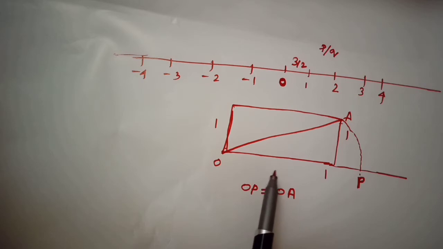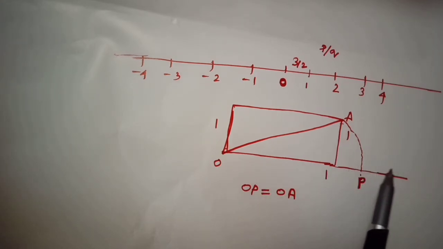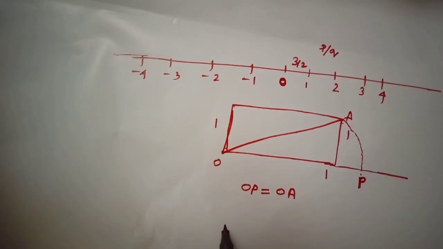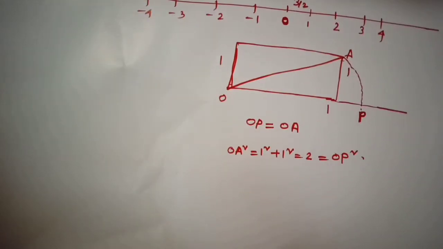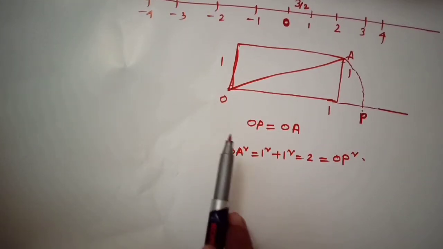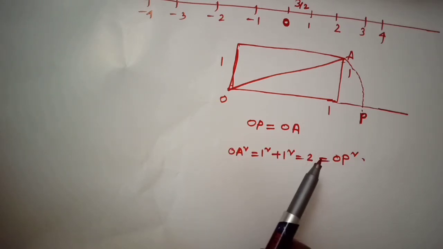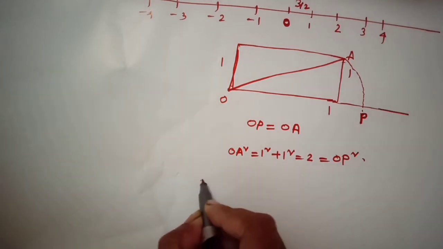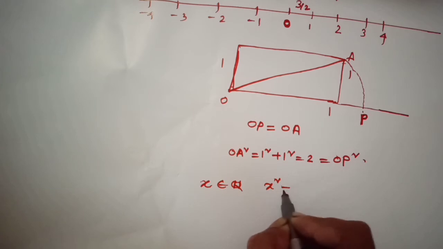He said the point P cannot be represented by a fraction because by the Pythagoras theorem we know OA square equals 1 square plus 1 square, which equals 2, which is equal to OP square. Mathematically, this leads to the question: can you find any x belonging to Q such that x square equals 2?